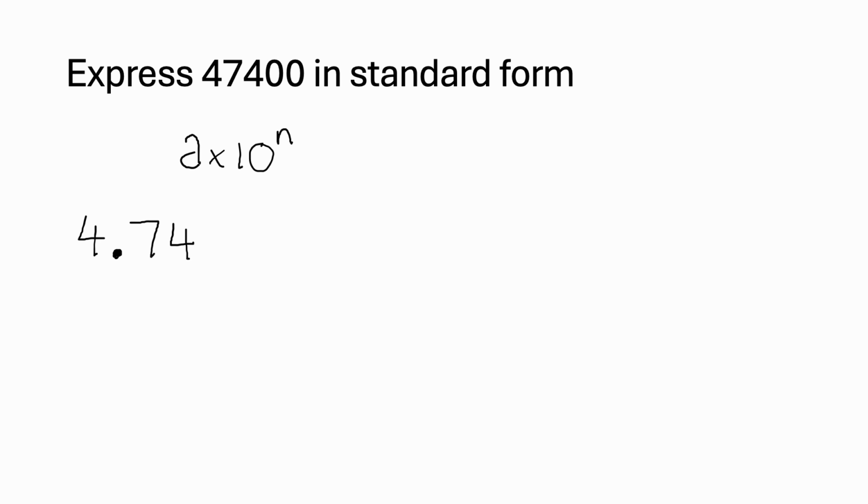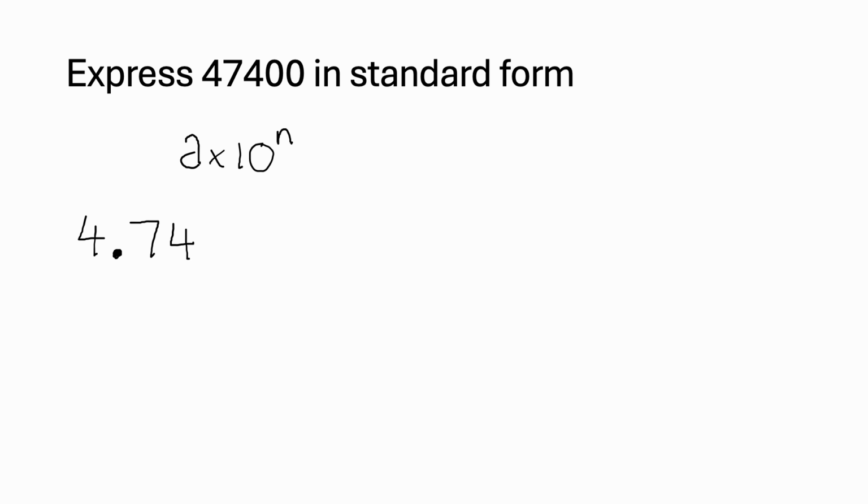When we are dealing with big numbers, our integer is going to be positive, but when we are dealing with smaller numbers, like 0.000003, for instance, our power is going to be a negative integer. So to know what our n is going to be, we need to work out how many times we have to move this decimal place to the right.